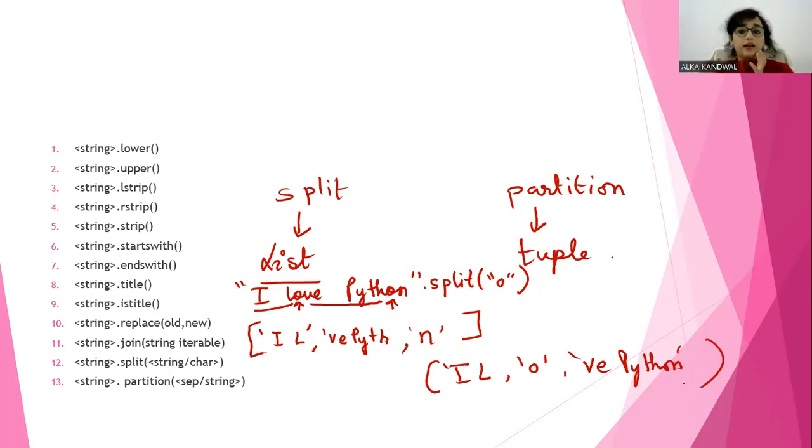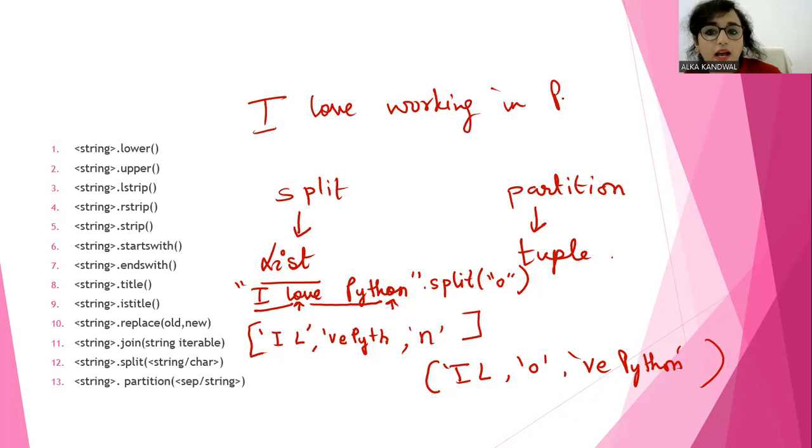अब पार्टीशन क्या कर रहा है? हमको थ्री सेगमेंट्स दे रहा है टपल में. O से पहले वाला IL, फिर O एक सेपरेट हो गया और उसके पीछे वाला. फॉर एग्जाम्पल आई राइट आई लव वर्किंग इन Python, and if I ask that in this I want to do dot partition working, okay, in bracket I am writing working here.